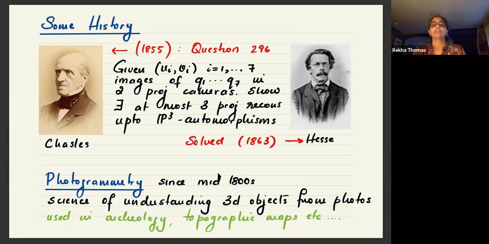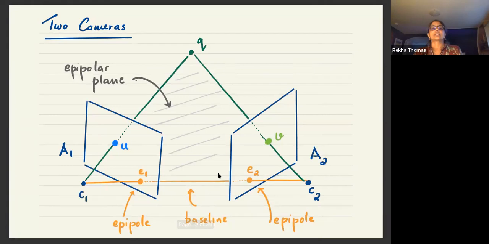Okay, so these are very old questions that come from projective geometry and had very practical applications. And our question sort of fits in this general framework of understanding reconstructions.